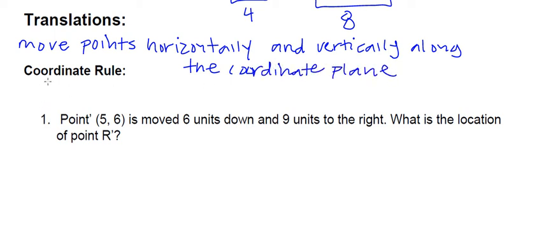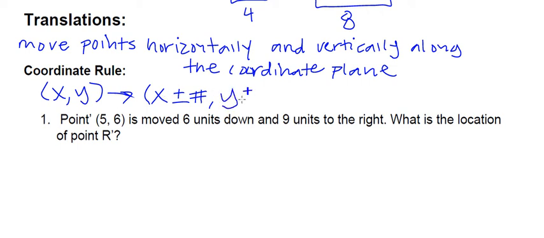The coordinate rule is that I'll be given some coordinate, some x, y, and I will have to perform a translation. I'll take the x coordinate and either add or subtract some number, which allows it to move to the left if I subtract or to the right if I add. Then for my y coordinate, I'll add or subtract some number. It could be the same number, could be a different number. While the x coordinate moves it left and right, if I add to the y coordinate, it goes up, and if I subtract from the y coordinate, it goes down.